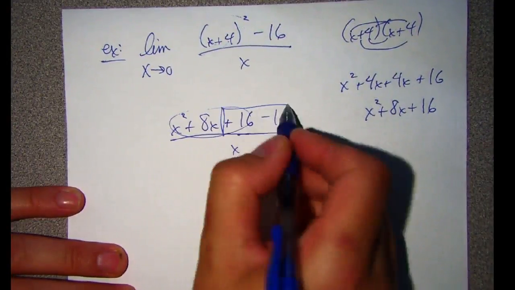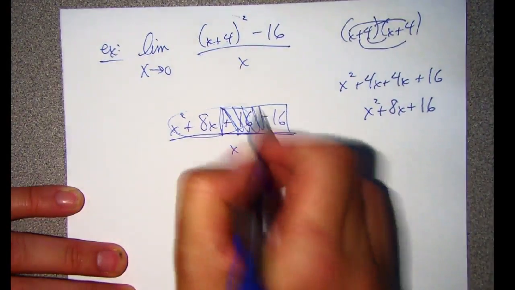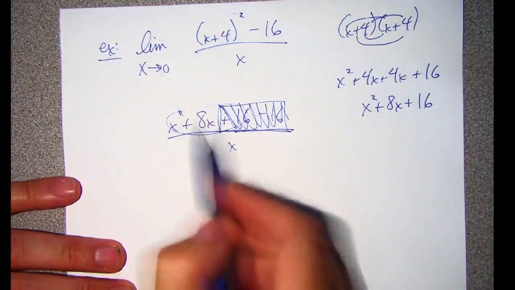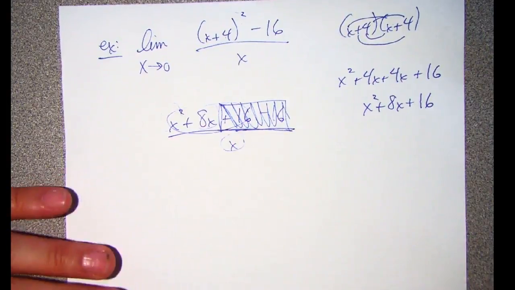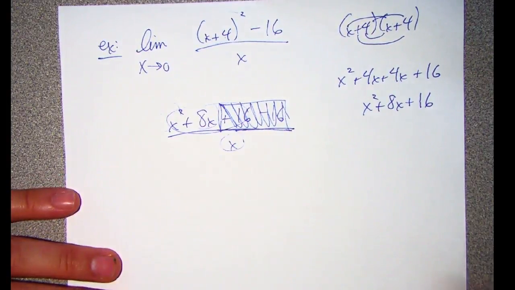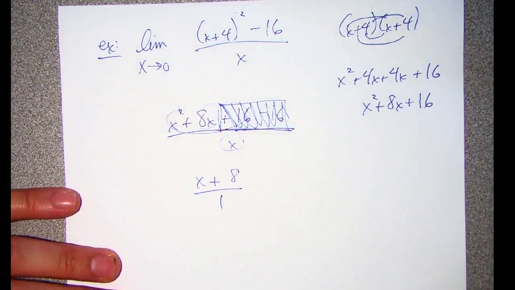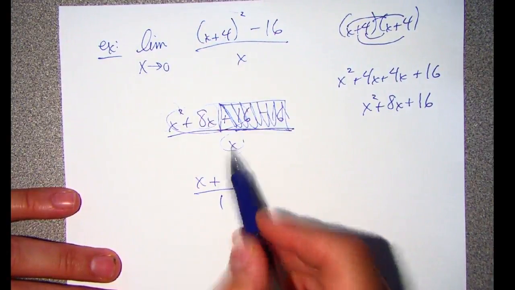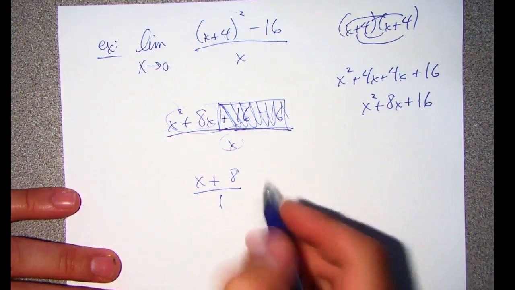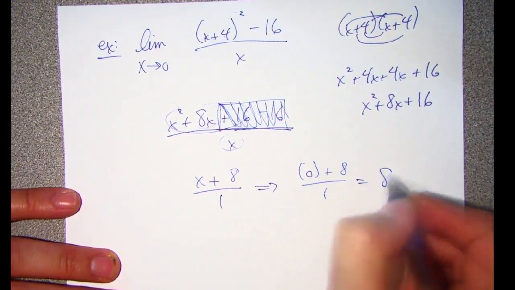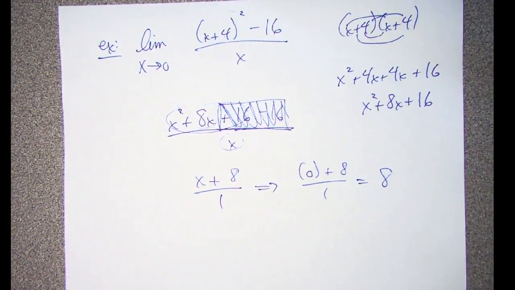So positive 16 minus 16 is gone. Now I have 3 terms, and what's in common is an x in each one. So I'm going to take an x out of each one of them, which would leave me with x plus 8 over 1. Because if I divide x by x, I get 1. Now I can plug in 0. 0 plus 8 over 1 would give me an answer of 8. All right.